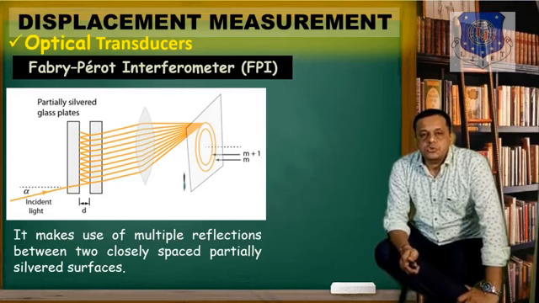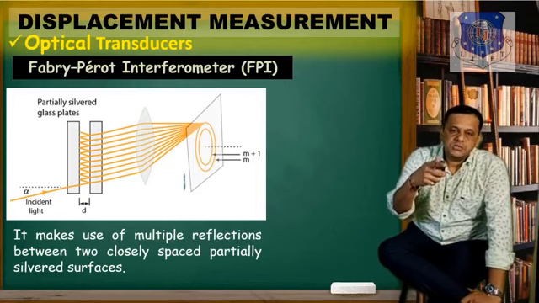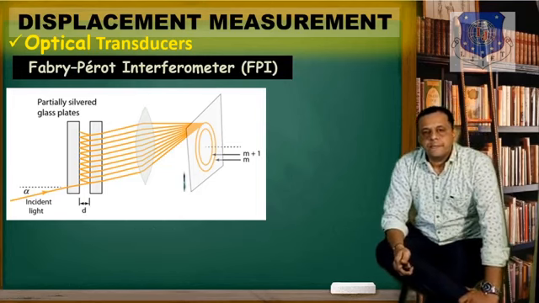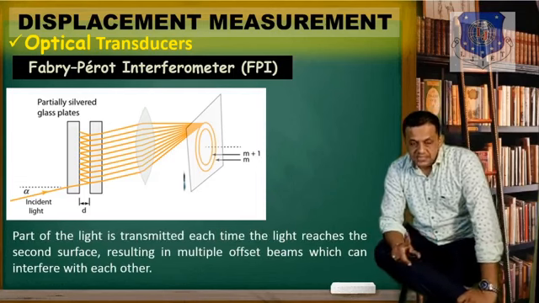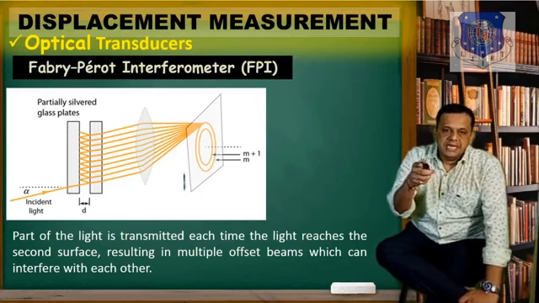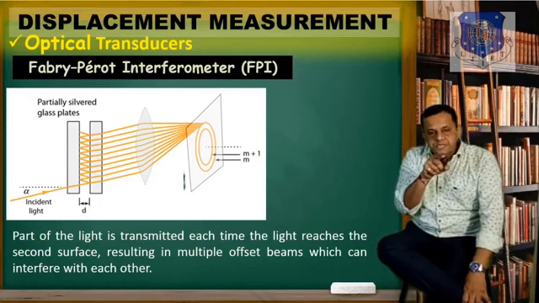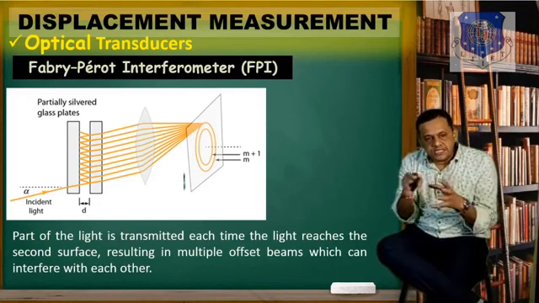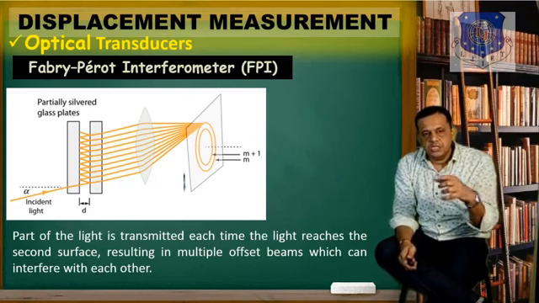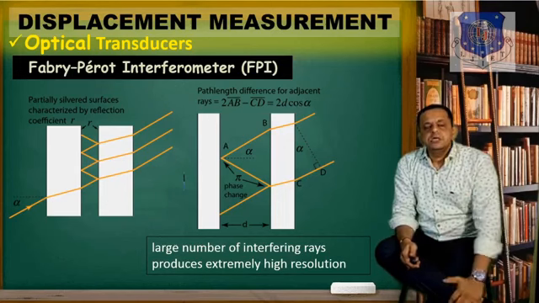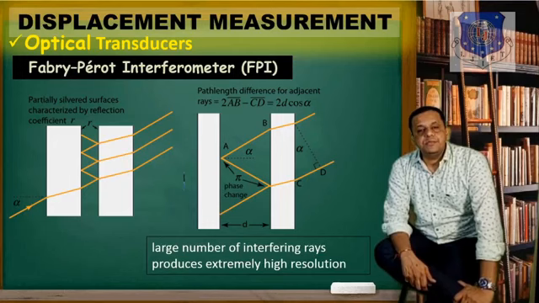The m shows the order of the reflection: m, m+1, m+2, m+3, etc. Here the light is transmitted each time, and the light reaches the second surface, resulting in multiple offset beams that are interfering with each other. Here I have shown only one ray. Multiple rays, or a large number of interfering rays, will produce extremely high resolution.